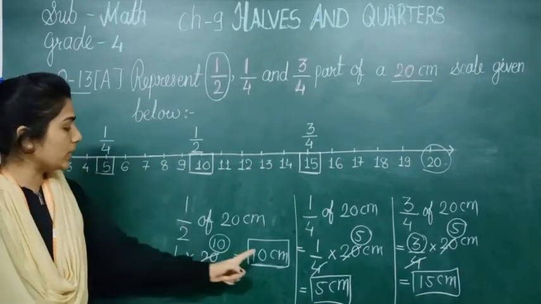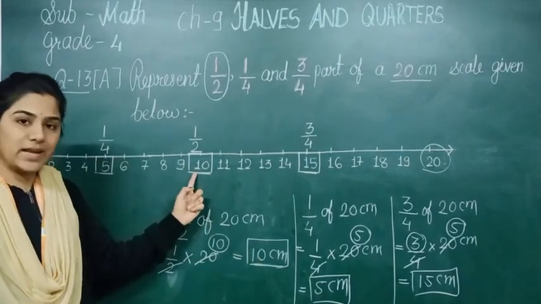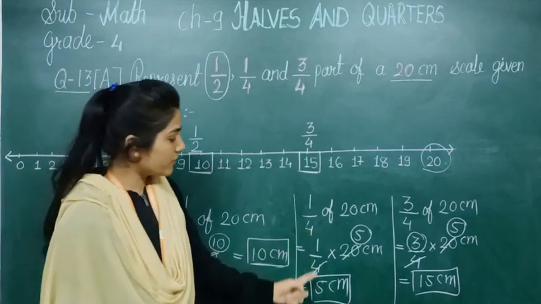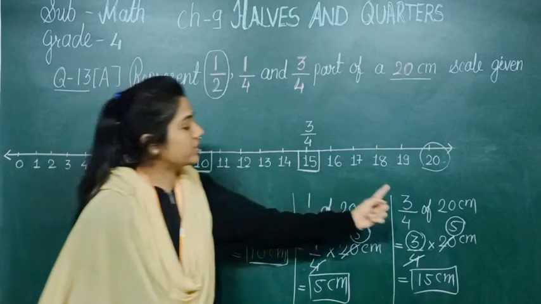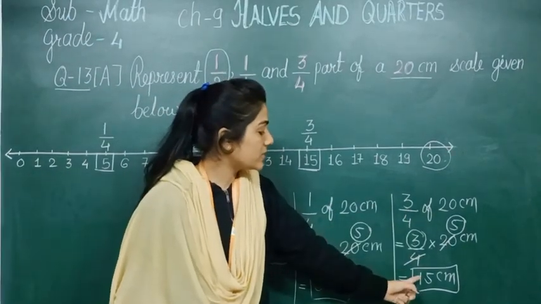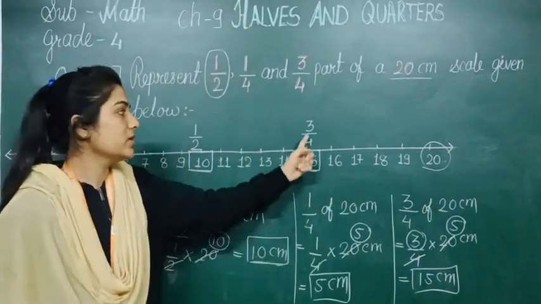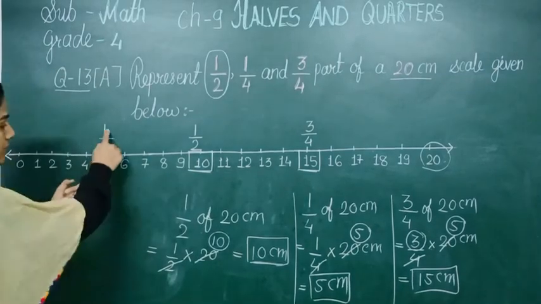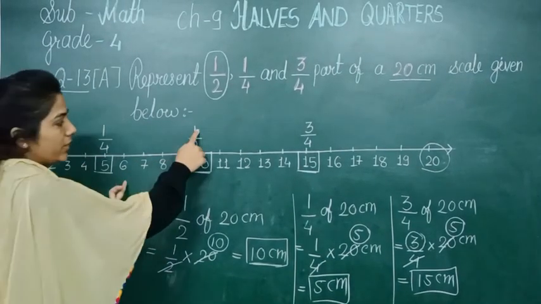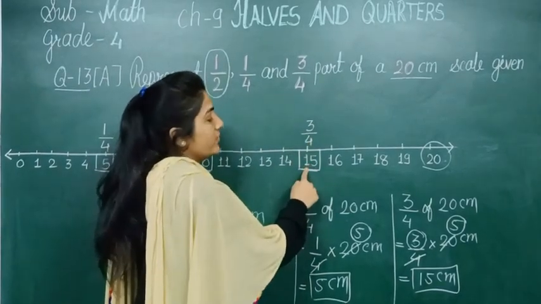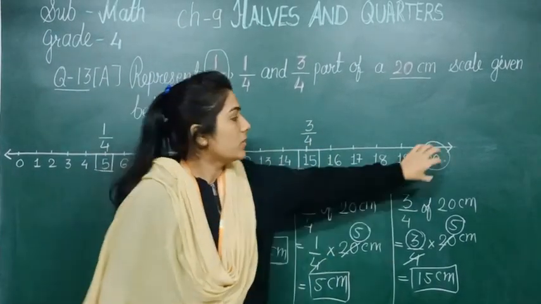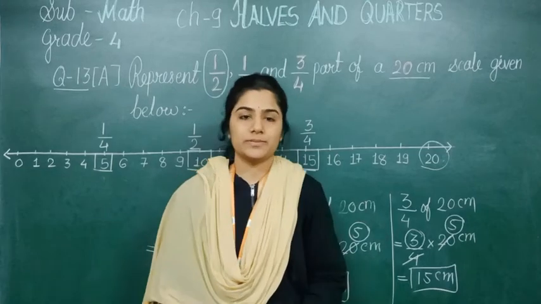So 1 upon 2 will come here at 10 centimeters. 1 upon 4 will come at 5 centimeters, as already mentioned. And 3 upon 4 part comes at 15 centimeters. So we have shown 1 upon 4 at 5 centimeters, 1 upon 2 at 10 centimeters and 3 upon 4 at 15 centimeters of the 20 centimeter scale.